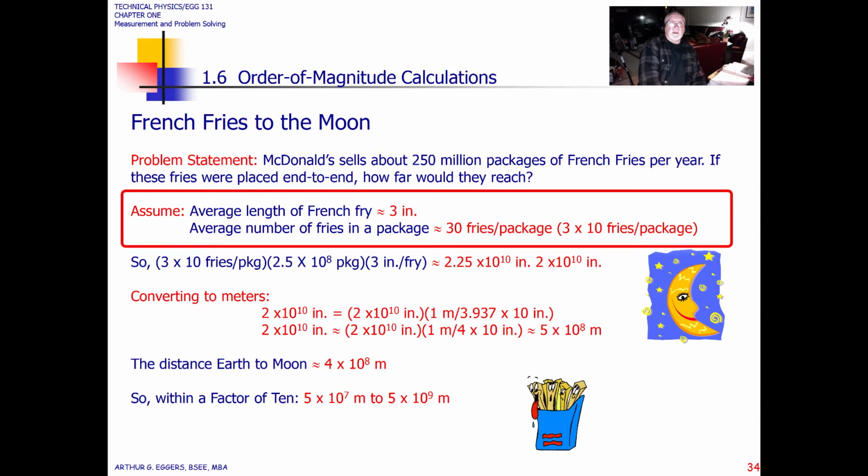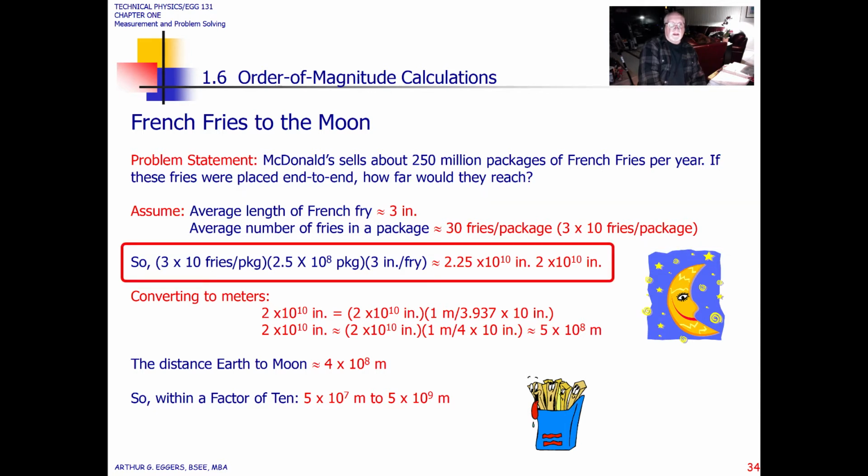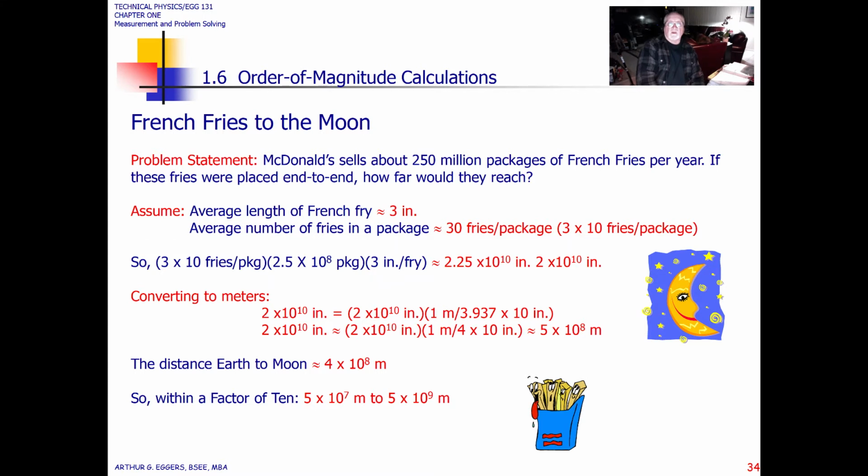So, 3 times 10 fries per package times 2.5 times 10 to the 8th packages sold every year at 3 inches per fry, we end up with a figure of 2.2 times 10 to the 10th inches as our approximation. 2 times 10 to the 10th inches.